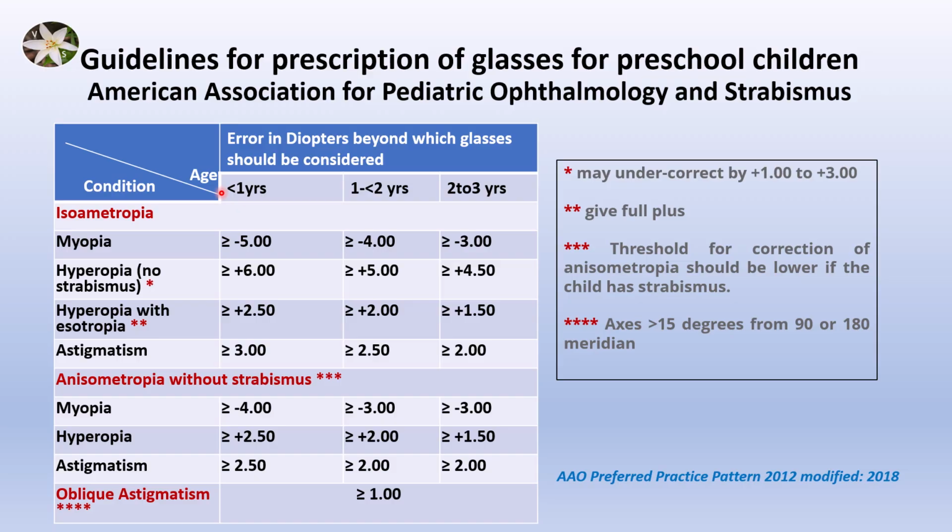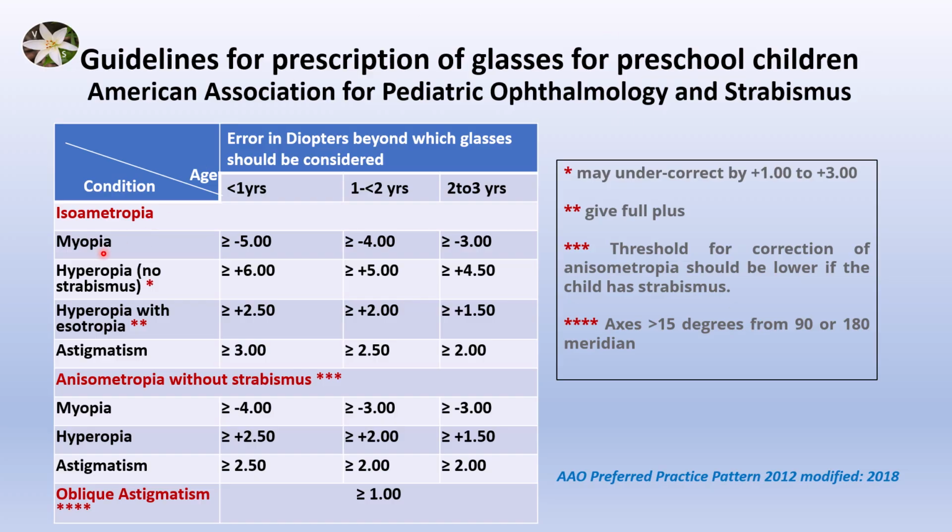So, depending upon the age, these are the thresholds below which you need not prescribe glasses. And for oblique astigmatism, the threshold is 1 diopter. What we consider as oblique astigmatism is when the axis is more than 15 degrees away from the 90 or 180 meridian.